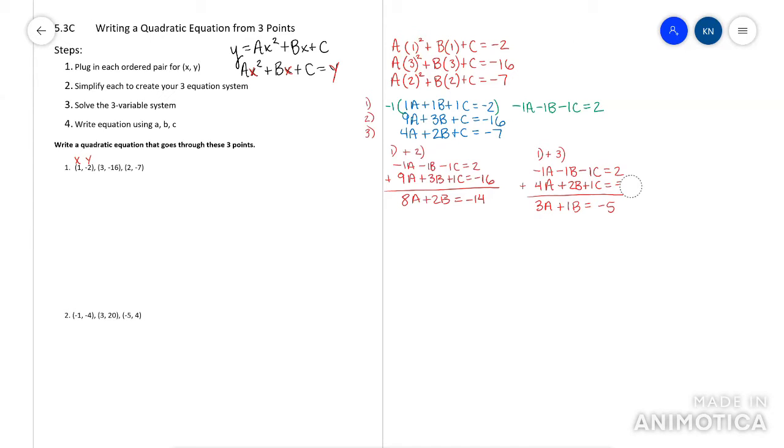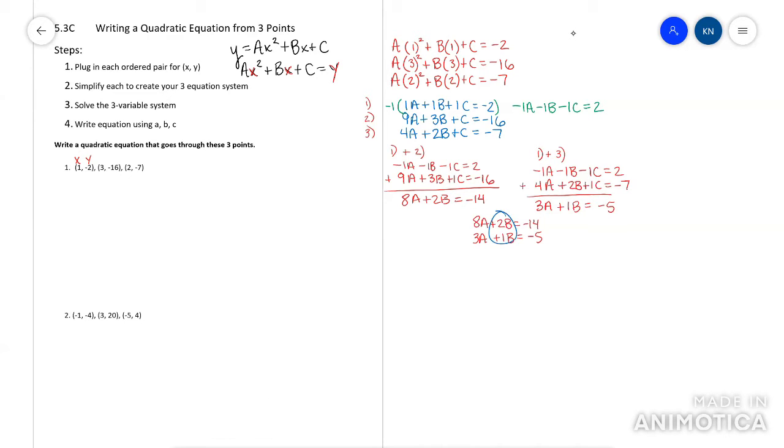Okay, so now I've eliminated c twice. So once you're here, you just go vertical with these equations. And then you do elimination again.